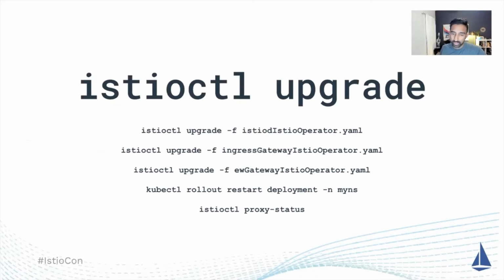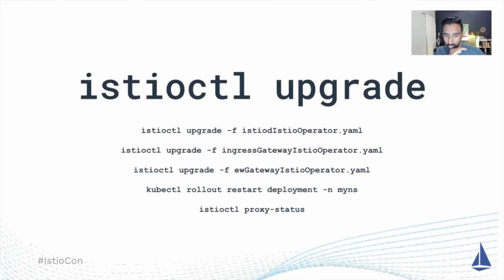If you want a quick, simple upgrade, like an in-place upgrade where you feel confident that you've done all the gotchas and you're ready to upgrade, and know that if there is downtime, you've budgeted some time to be able to fix things quickly, then you can do an istioctl upgrade, which will do a direct in-place upgrade of your Istio system.